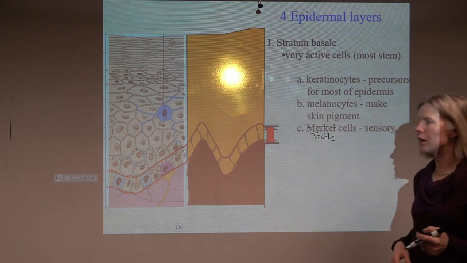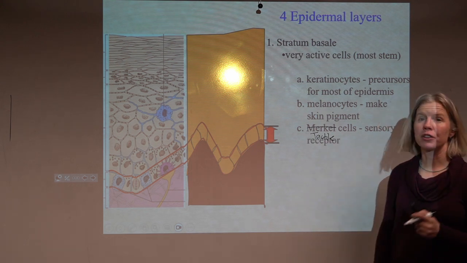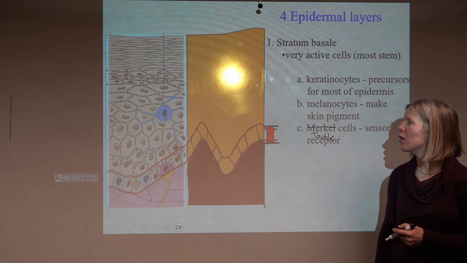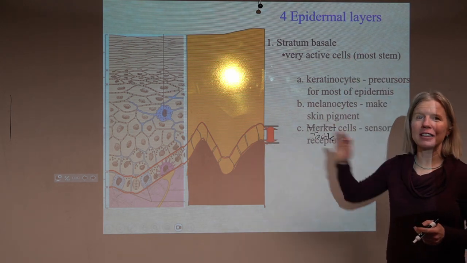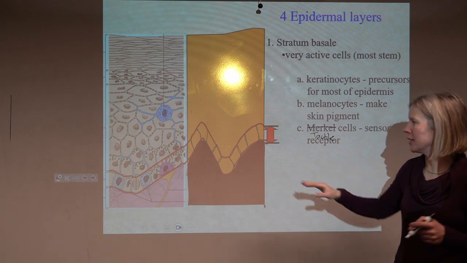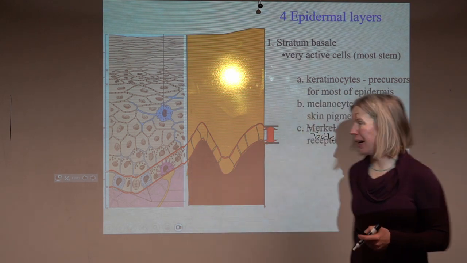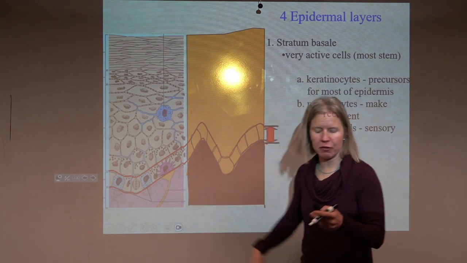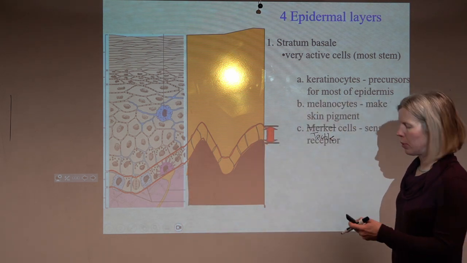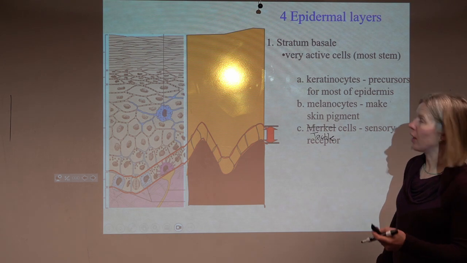Old PowerPoints, gotta switch them up, which are our sensory receptors, right? So again, this is that deepest layer. These guys are very well protected. They're way down deep here by the dermis. This is nice that we can have these free nerve endings coming all the way up to the skin there.